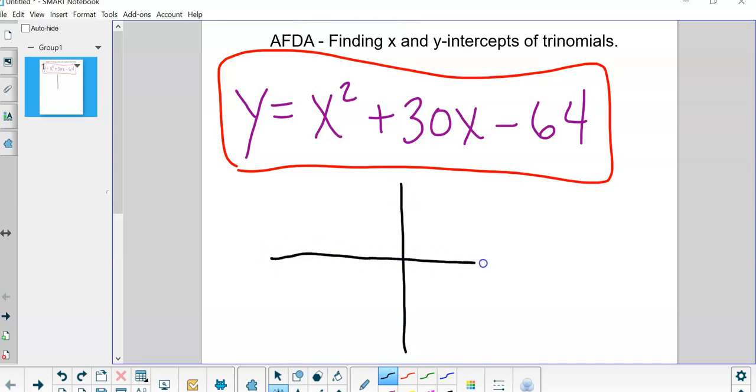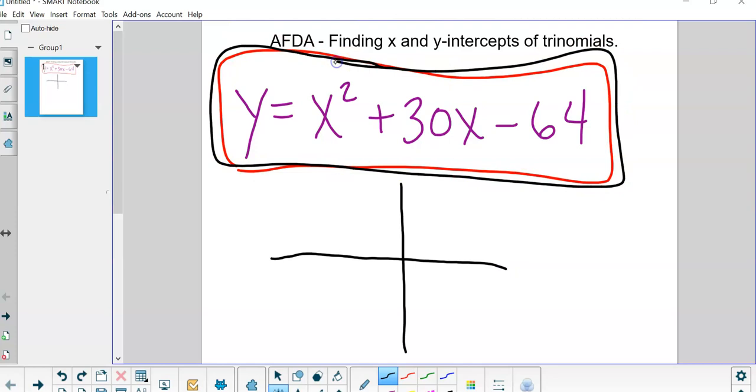So let's take the equation that we have right here. If we were to have a graph, the x-intercepts, there would be 2 of them. There would be one right here, and there would be one right here. These are called x-intercepts because they're at the spots where the graph crosses the x-axis.